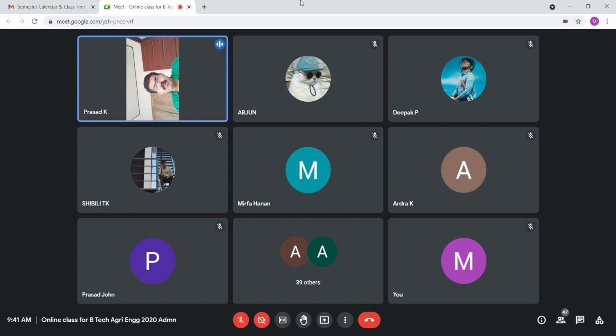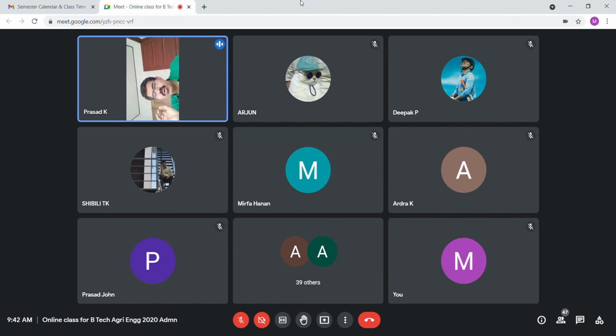PC is equal to pi into capital D divided by capital T, where capital D is the diameter of the pitch circle, and T is the number of teeth on the wheel. We are discussing a gear, and in that case, a lot of teeth are available.